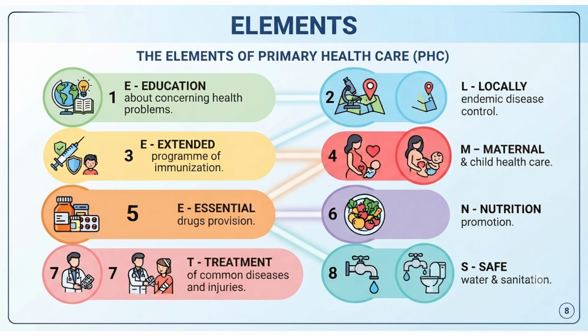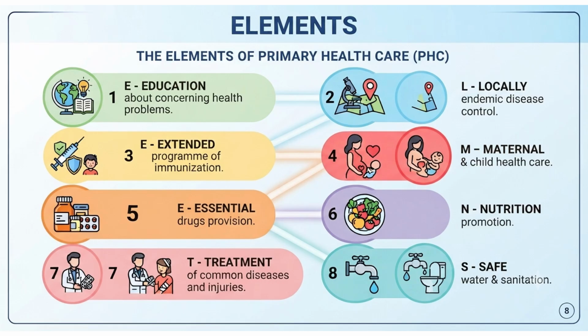And M. In M we can remember giving maternal and child health care services. The fifth letter in elements is E again. E means essential drugs, that is provision of essential drugs. The sixth letter here is N. N is for nutrition, providing proper food and nutrition.